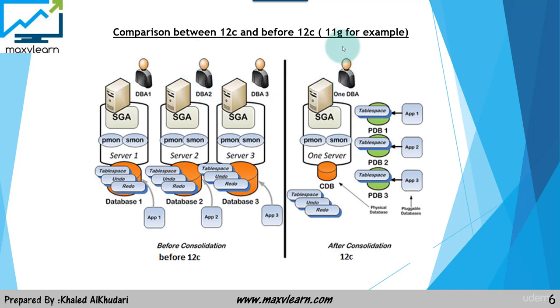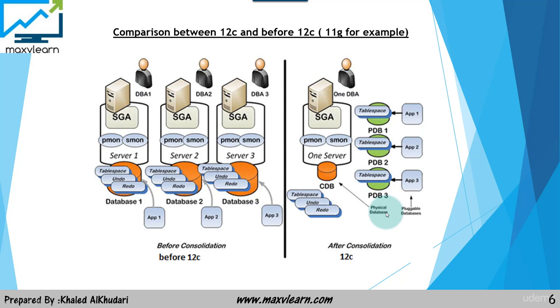But starting from Oracle 12c, I will find one container database connected to one server, and you can manage it by one DBA. Inside this container database, you will find many pluggable databases. So it reduced my cost. Here I bought 3 servers, but here only one server is enough, and I will find many pluggable databases.